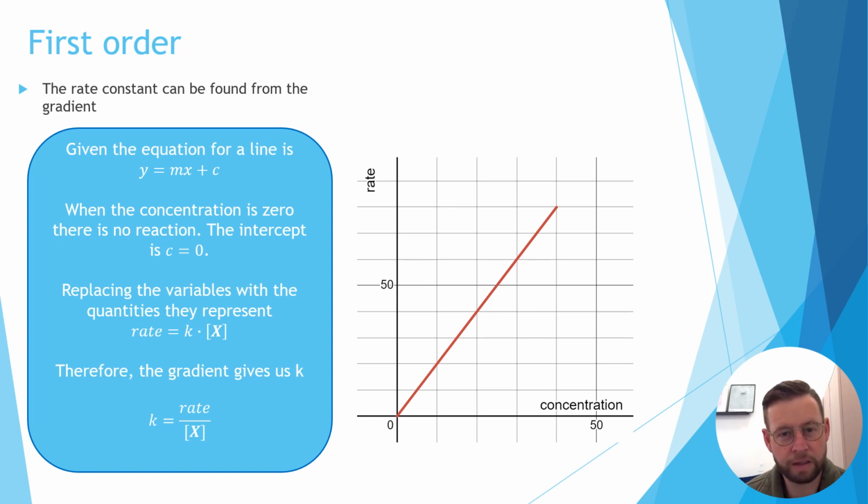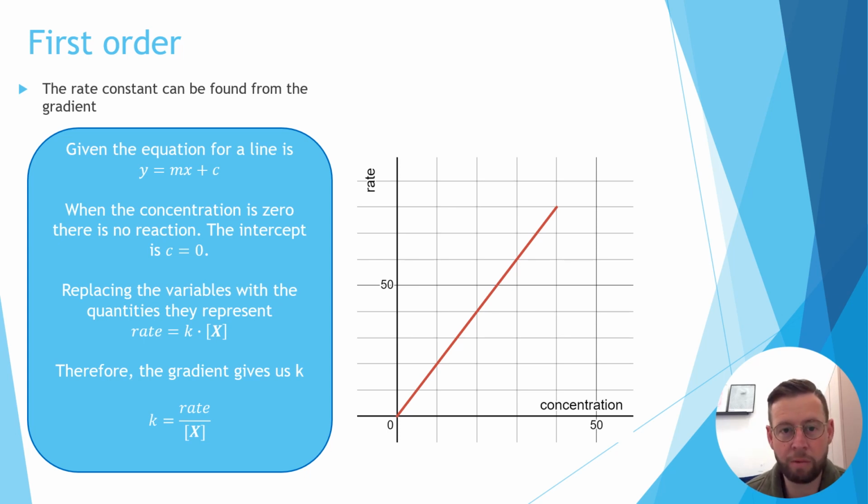For a first order graph, the thing that you need to look at is that this is a straight line, but it's going up at some sort of gradient. Also, notice that its intercept is going through 0, which means when there's no concentration, there's no reaction, as you'd expect. So in the form y equals mx plus c, with no y-intercept, basically the c is 0, which means we've got a graph of the type y equals mx.